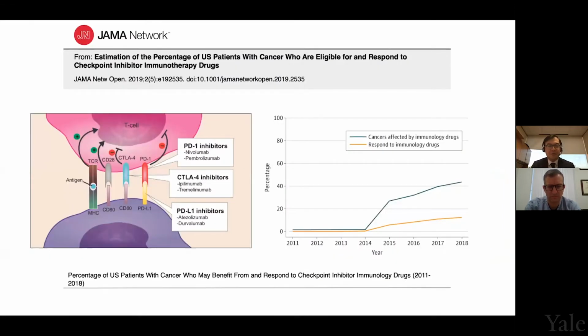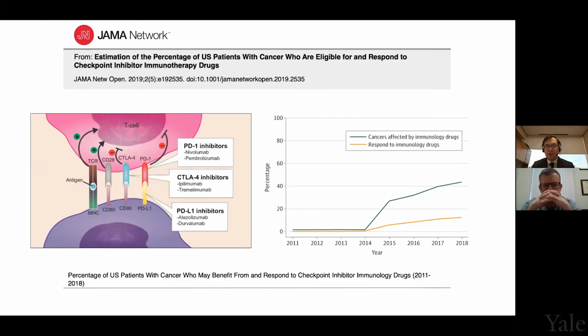As I mentioned before, in order for the checkpoint inhibitors to work, you need to have resident T cells, or you need to attract T cells into the tumor microenvironment. Without them, no amount of immunotherapy is going to be enough.